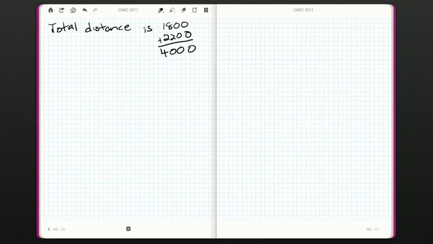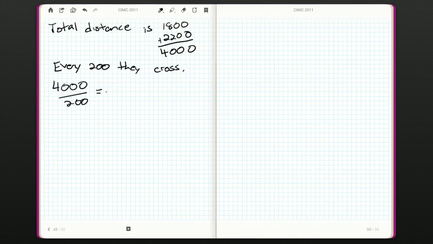So they have swum a total distance of 4,000 meters. 4,000 over 200 for every single time that they cross.